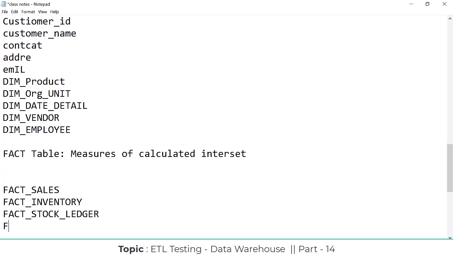Then fact_plan_sales: this is the actual sales, this is the plan sales, meaning they estimate that this year our turnover should be this much, so this much sales should happen. Like that they predict their sales. That is the plan sales.